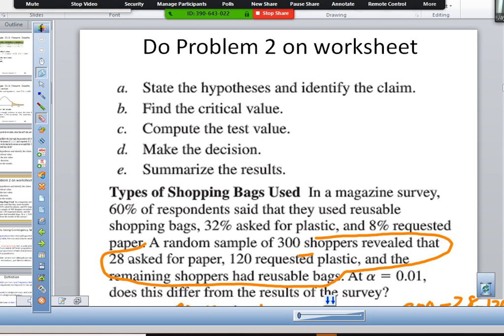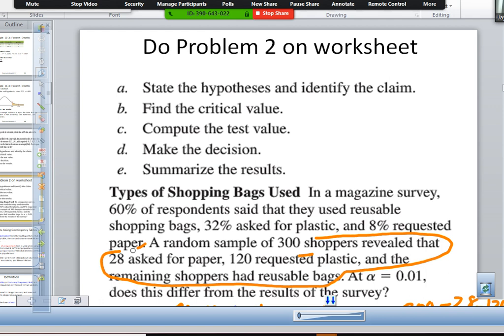A random sample of 300 shoppers revealed that 28 asked for paper, 120 requested plastic, and the remaining shoppers had reusable bags. At alpha 0.01, does this differ from the results of the survey?